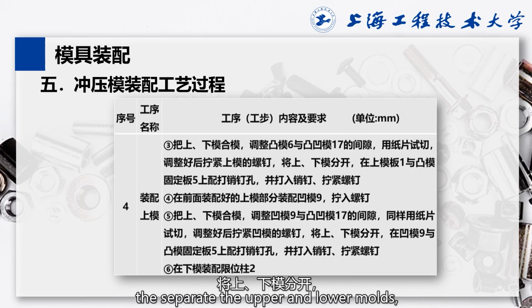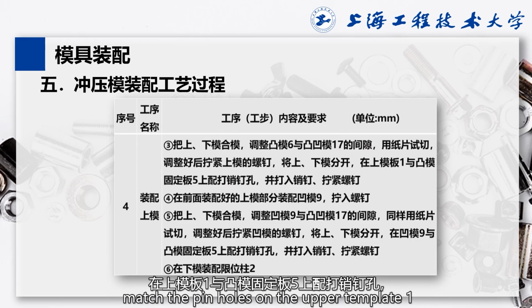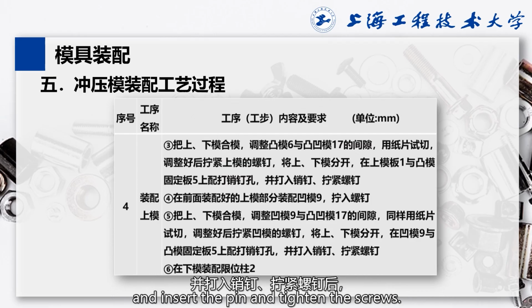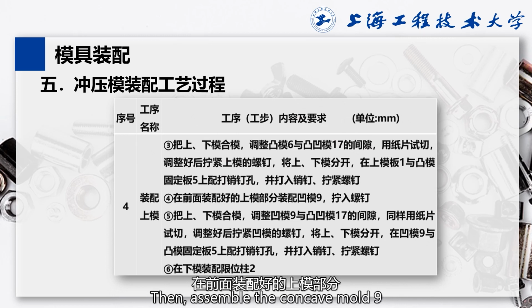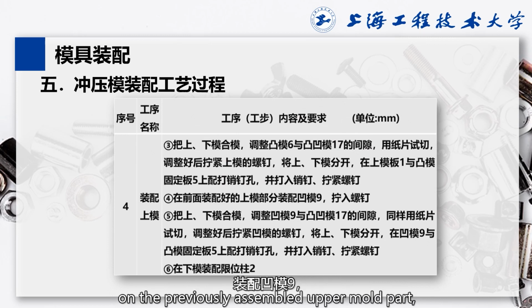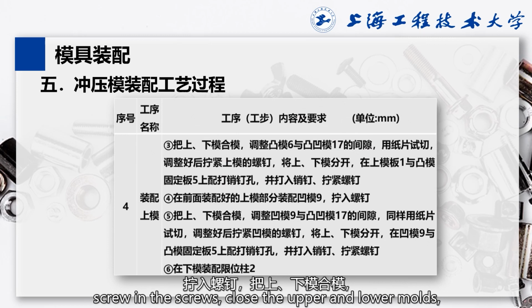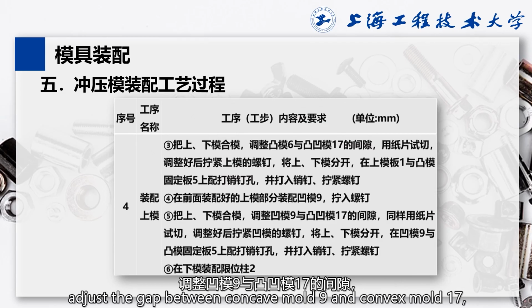Separate the upper and lower molds. Match the pinholes on the upper template 1 and the convex mold fixing plate 5, and insert the pin and tighten the screws. Then, assemble the concave mold 9 on the previously assembled upper mold part. Screw in the screws. Close the upper and lower molds. Adjust the gap between concave mold 9 and convex mold 17.